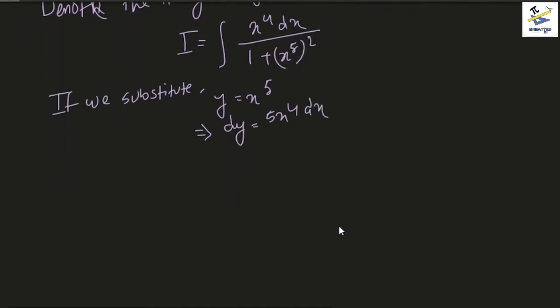And what we want is x to the power 4 dx, so x to the power 4 dx should be equal to dy by 5.